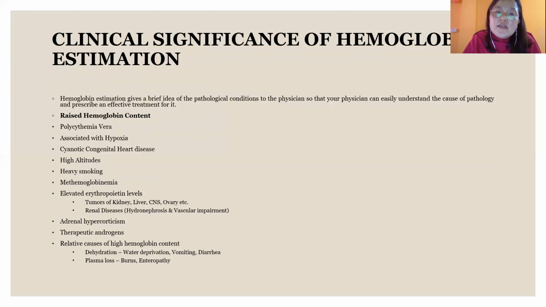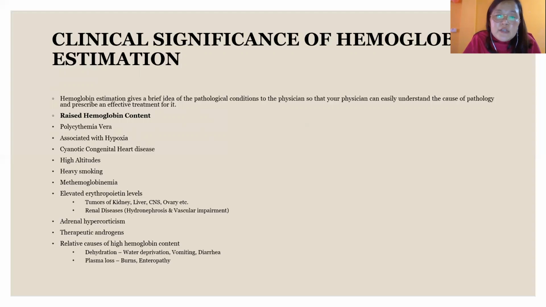If there is increased hemoglobin concentration, the person can be suffering from polycythemia vera associated with hypoxia, congenital heart disease, heavy smoking, methemoglobinemia, or elevated erythropoietin production. People living at high altitude have a higher chance of increased hemoglobin. Erythropoietin is a hormone released by the kidney, important to regulate the formation of RBC inside the bone marrow.